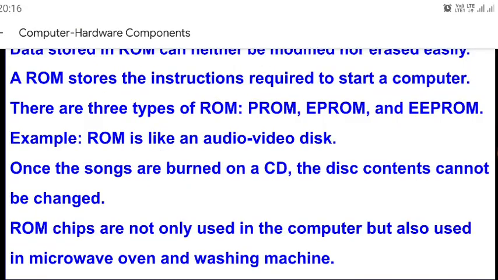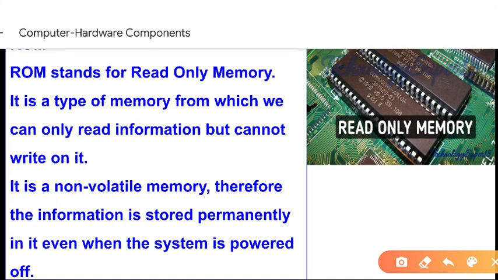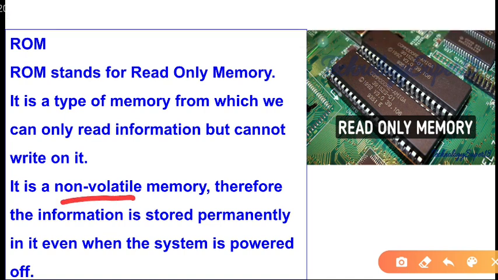Sorry, it is non-volatile. Now I told you the meaning of volatile. Volatile means something that gets destroyed or easily erased. So RAM was volatile, but ROM is non-volatile. Non-volatile means the information that is stored inside the ROM is stored permanently.